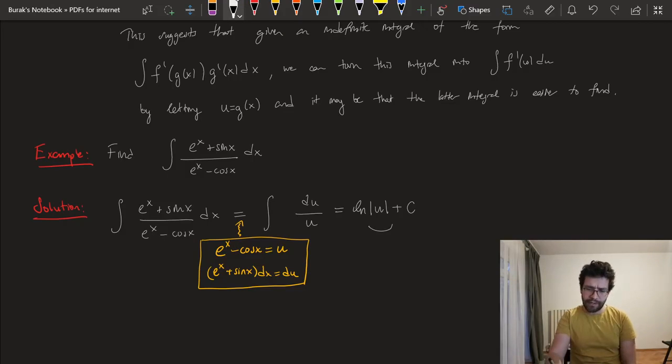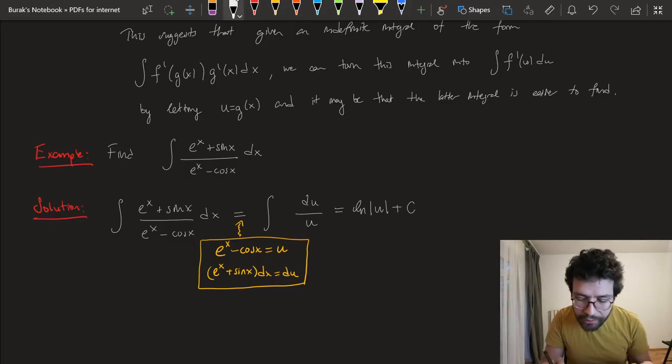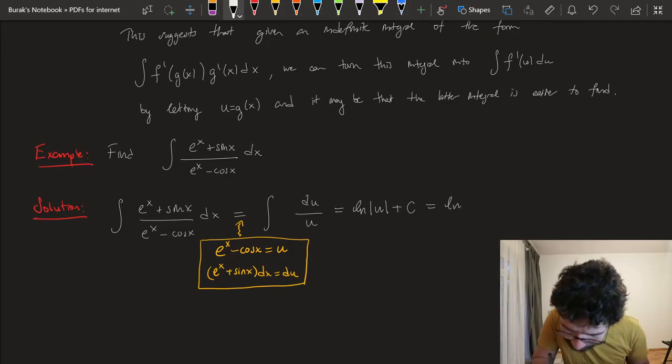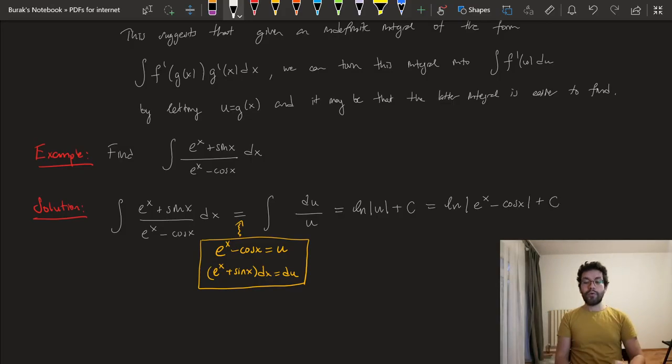But here, my answer seems to be a function of u. Well, there is no u in the question. U is something that I introduced. So I should not leave it like this, but I should replace u by whatever it is, which in this case is e to the power x minus cosine of x. Okay, and now we are done.